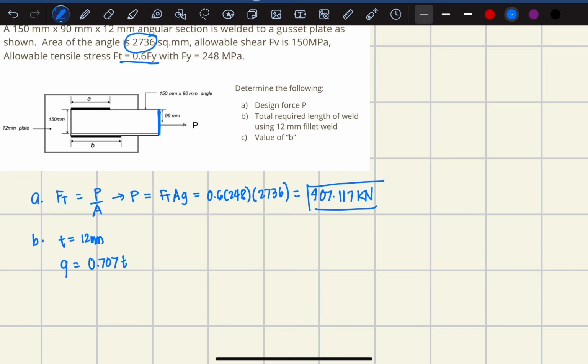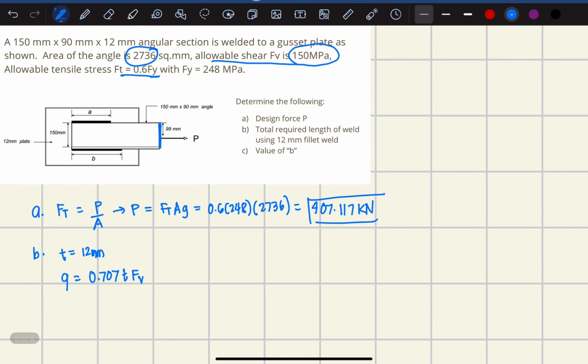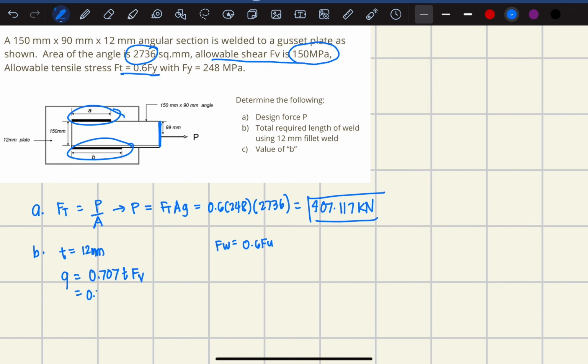Instead of Fw, since the given is the allowable shear, we'll use that. One formula is Fw equals 0.6 Fu, but we have no Fu to use. So whatever allowable is given, use it, since fillet weld tends toward shear. So you use the allowable shear strength of 150: 0.707 times the thickness of 12 times the allowable shear strength of 150.